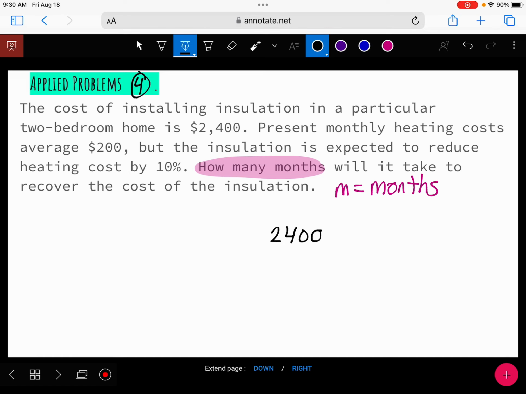So that's going to be the total. I want to know when however much we're saving equals that. That's my total. What next? I've used this piece, I don't need it anymore.